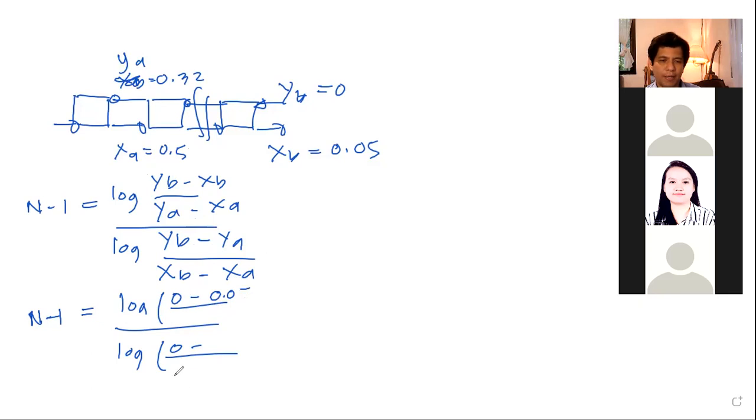Sa baba, Y sub A is 0.5. This is Y sub A. So this is 0.5. And then finally, we have X sub A. X sub A yung dalawa sa baba. So this is X sub A, 0.